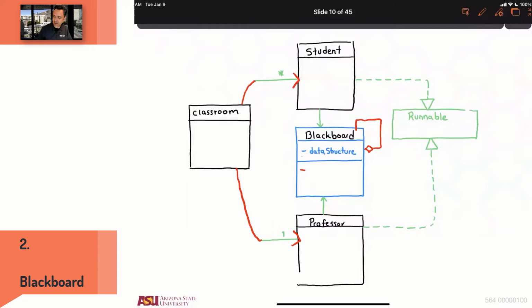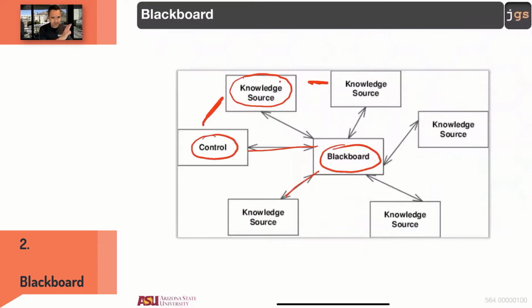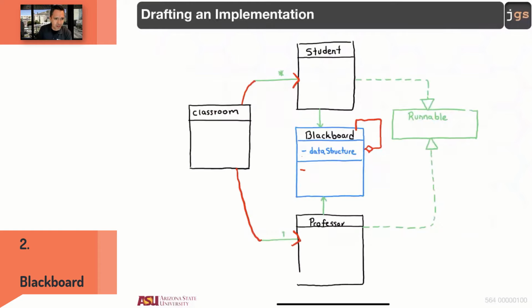Well, in the classroom that I represent here, right? In the university, probably we have three in some places. But for this scenario, it's only one Blackboard. And only one Blackboard in terms of software, the singleton pattern. And if we follow the singleton pattern, then there is no connection here.